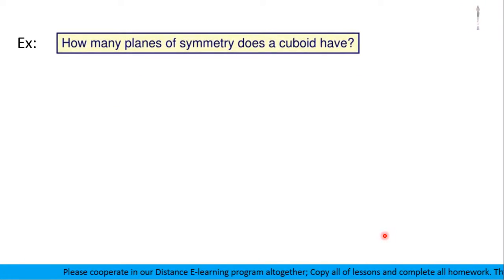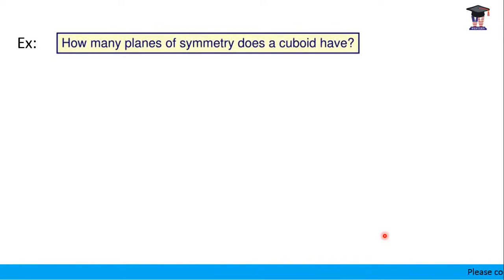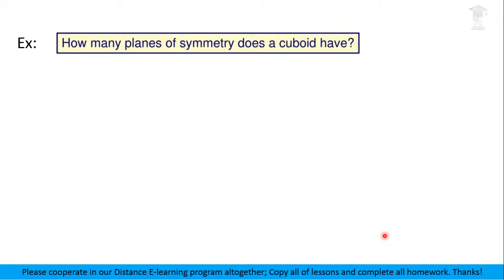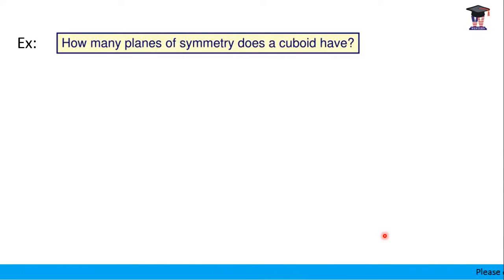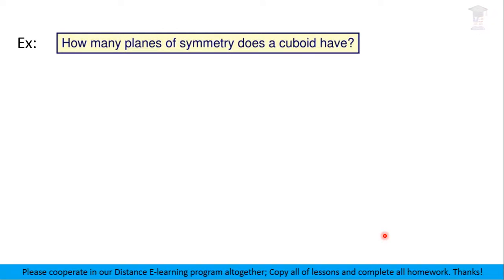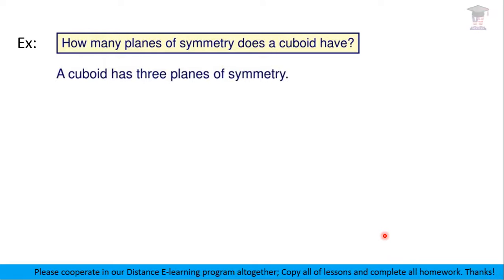Example: how many planes of symmetry does a cuboid have? In the previous, I just showed you 2 planes of symmetry in a cuboid. So can you consider how many planes of symmetry altogether does a cuboid have? A cuboid has 3 planes of symmetry.